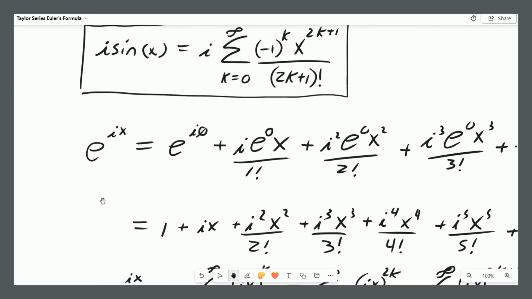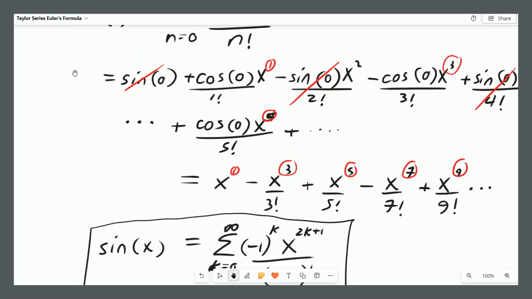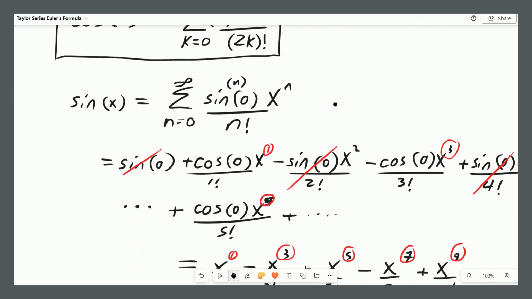Let me just remind you of that. There's i sine x. There's what it's equal to. Negative 1 to the power of k, that's under the summation, times x to the power of 2k plus 1 over 2k plus 1 factorial, all of that multiplied by i. Let's look at our expansion for cosine. It's also the infinite sum of negative 1 to the power of k times x to the power 2k over 2k factorial.